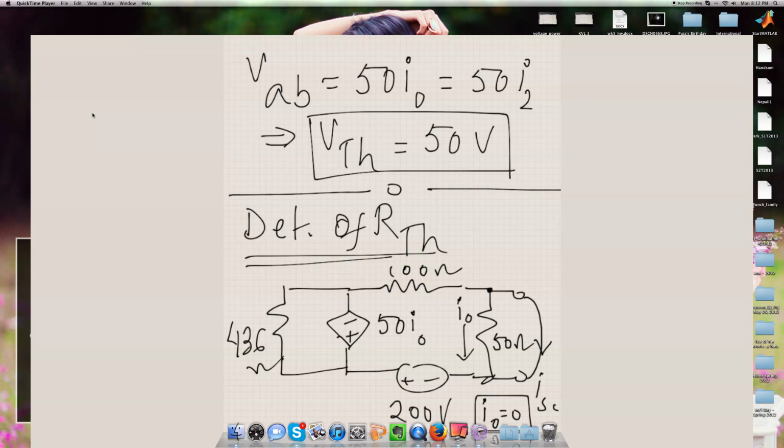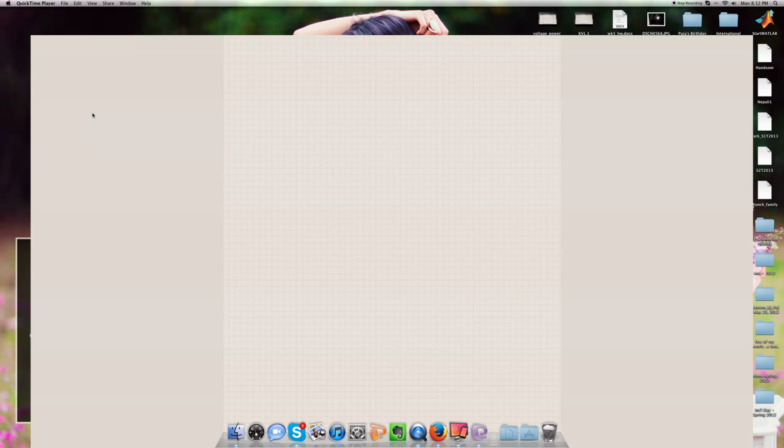Which means the 436 is out of the window. It's not going to matter. So our circuit is extremely simple at this point. This 436 ohm path is redundant, as electrons, as smart as they are, will see that it is not a useful path for them to go through.